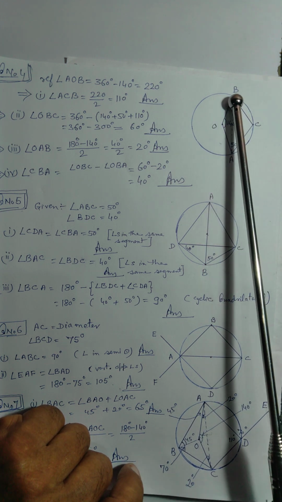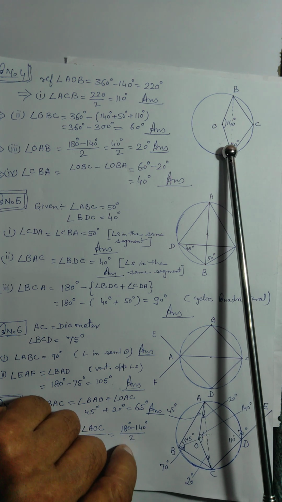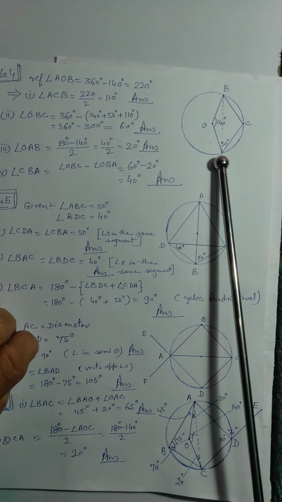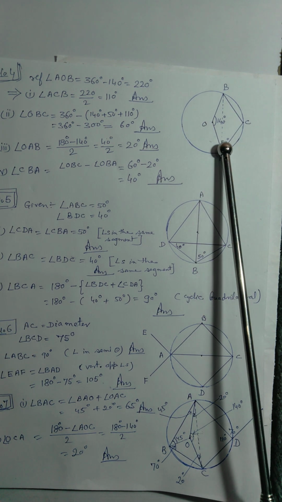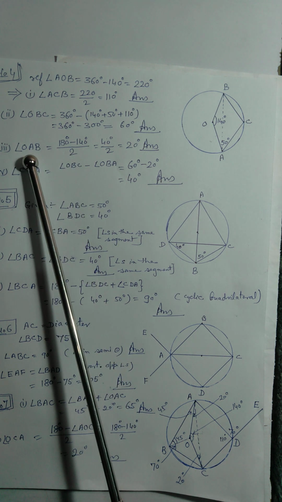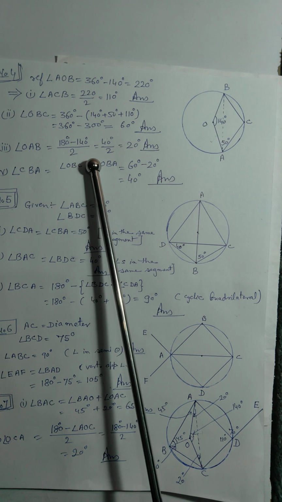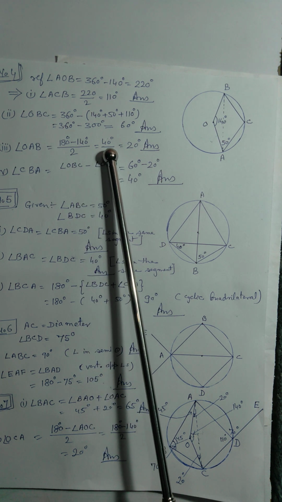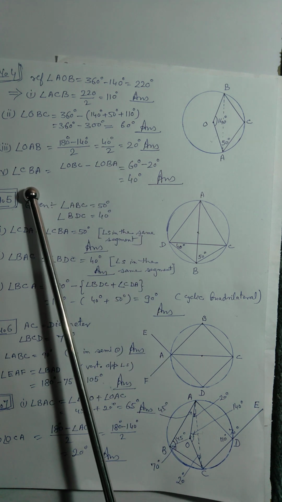So once the two sides of a triangle are equal, then that triangle is isosceles triangle. Hence OAB, you see here I have done it, OAB is equal to 180 degree minus 140 degree whole divided by 2, that is 40 divided by 2, again it is 20 degree.